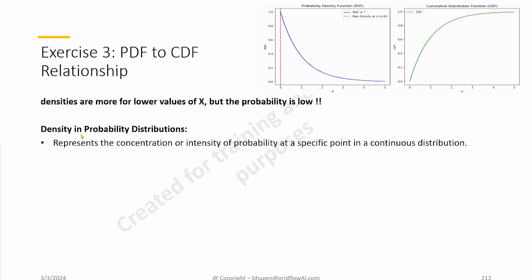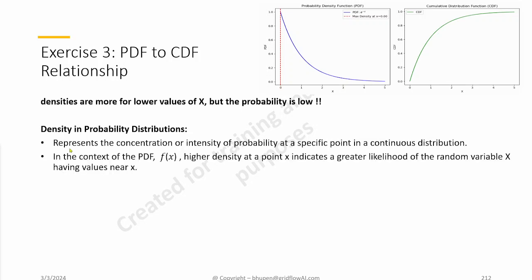Now, density simply means the concentration or area or likelihood at a particular specific point in a continuous distribution. So in the context of PDF, f(x) is a function and the higher density at a point indicates the greater likelihood of that variable taking that particular value or near that value.